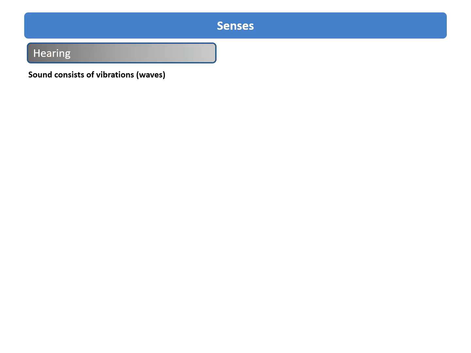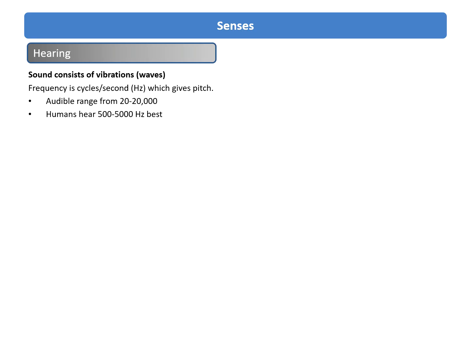Sound consists of vibrations, waves. The frequency is in cycles per second, which is hertz, and that gives the pitch. Audible range is roughly 20 to 20,000 hertz. Humans can hear a range of roughly 500 to 5,000, at least best. The force of vibration, the loudness, is measured in decibels.